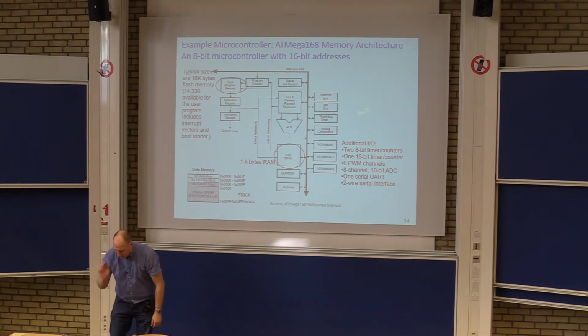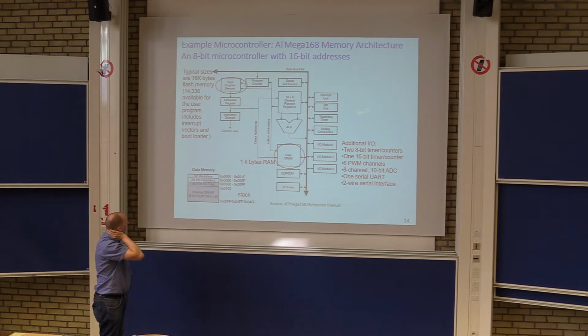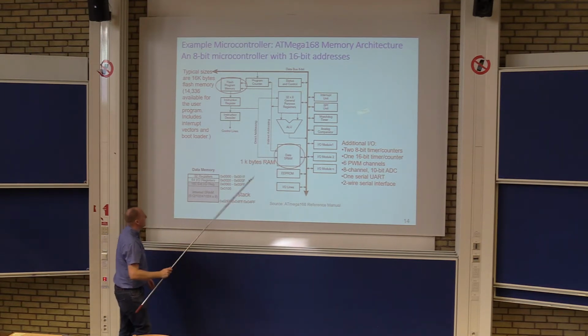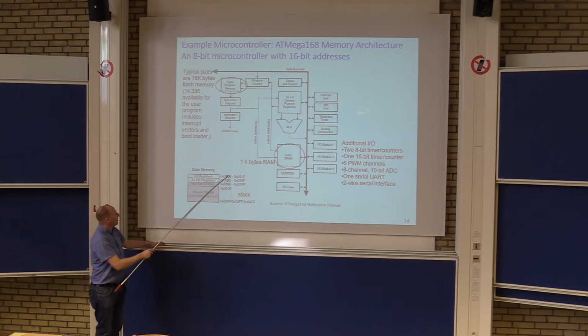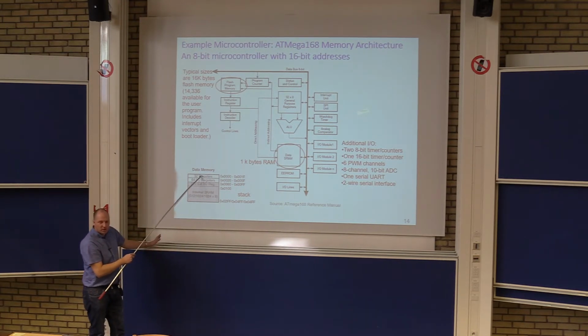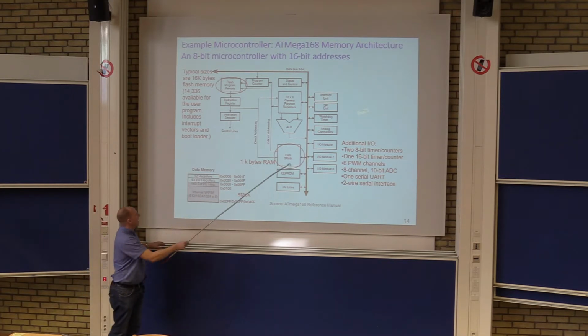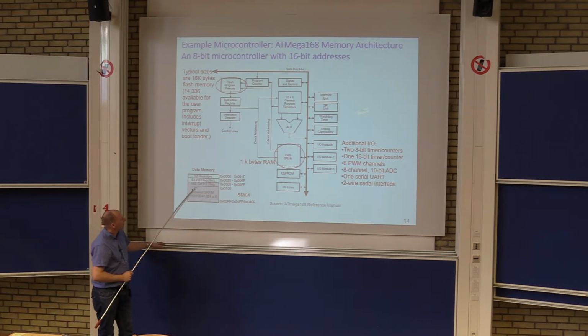Okay, so we have the main memory. We talked about that. Starting at some address, first we typically have the registers, so we can access those, and then we have this SRAM memory here.